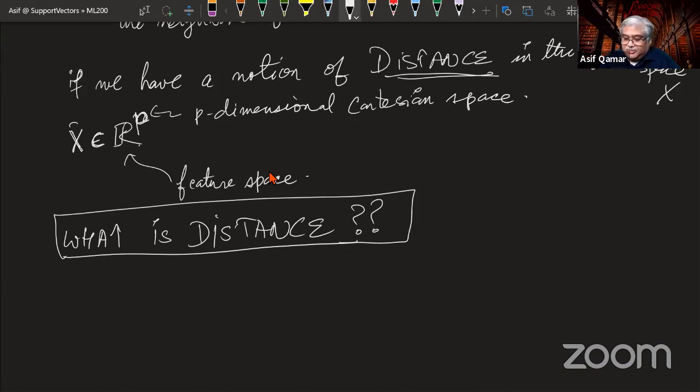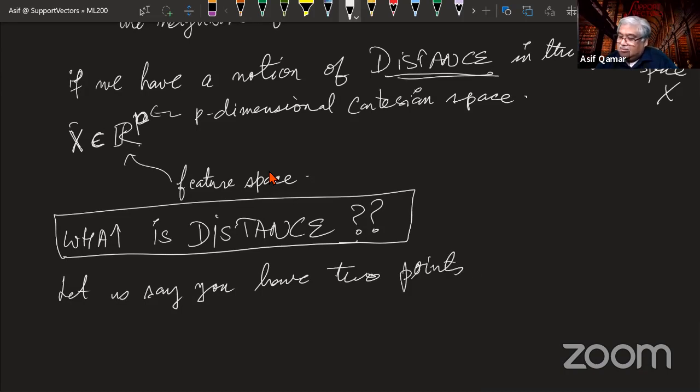Let us say you have 2 points, x and x prime, in the feature space R^P.